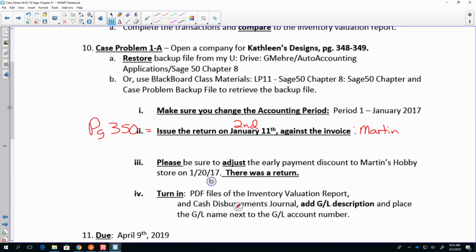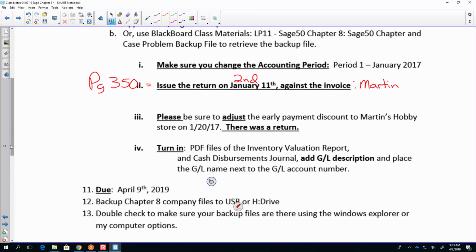Then, on January 20th, I would like you to adjust that discount. The discount is computed incorrectly. The discount for Martin's is a whopping 5% discount. So they paid within the 10 days.